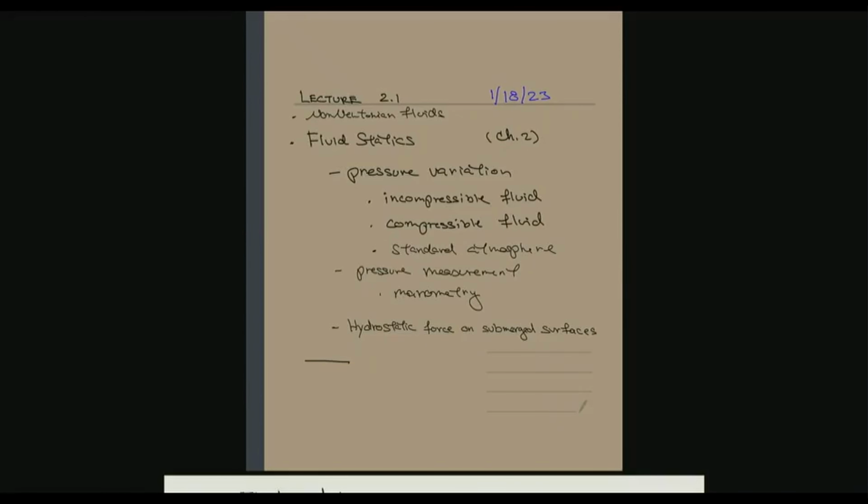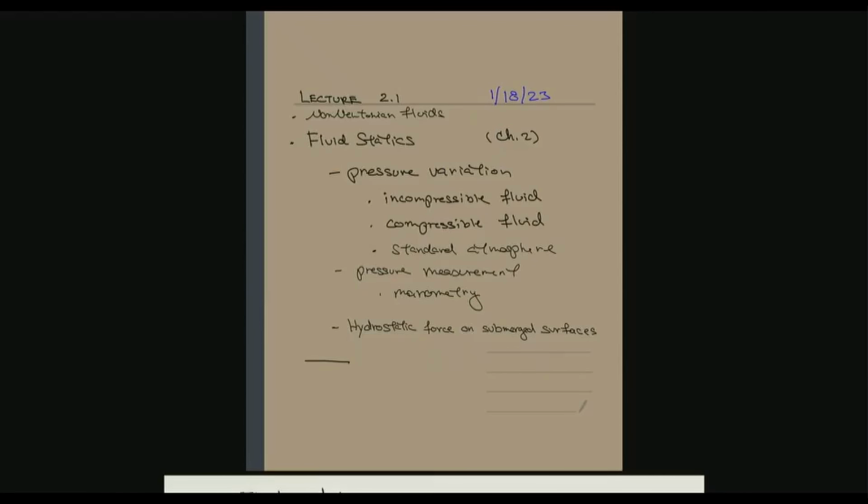This particular example, well, actually both of them, will allow us to evaluate, say, the pressure variation in the atmosphere. And we know as you go up in the atmosphere, the temperature may vary, and the pressure varies, and so the density may vary.